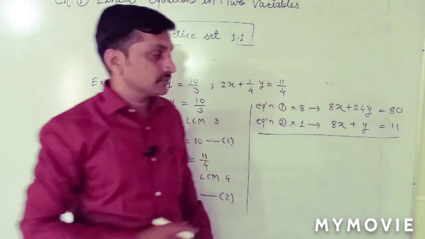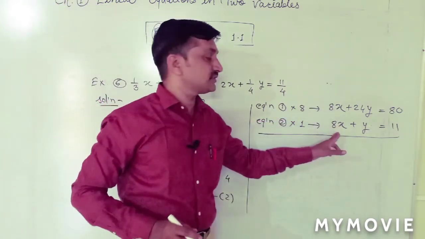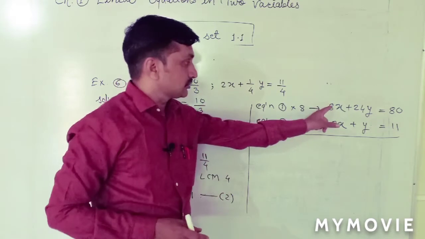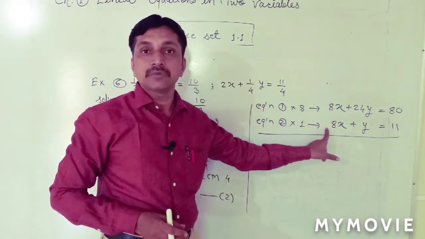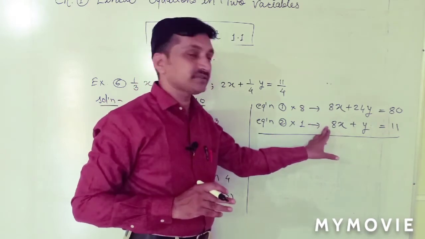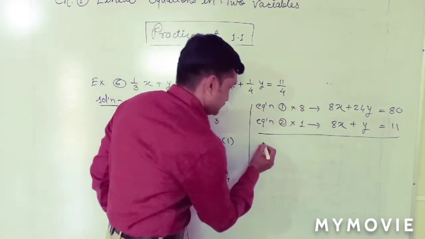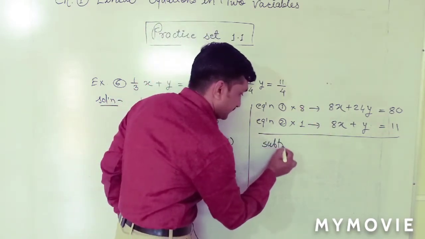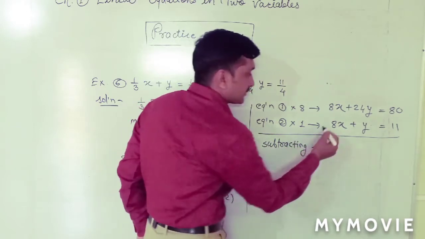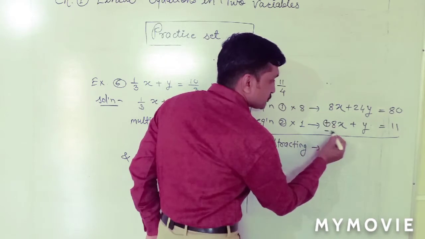Now see, dear friends, here we got the coefficients equal, but what about the sign? Signs are also the same, and we want opposite signs. And to get opposite signs, we have to subtract. Subtracting. And when we subtract, automatically their signs will change.